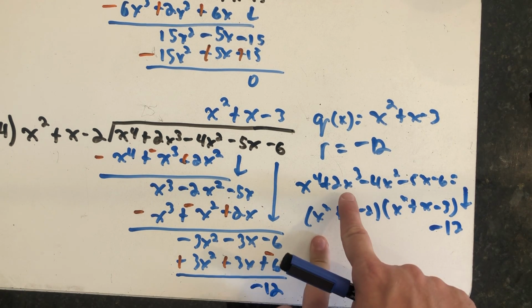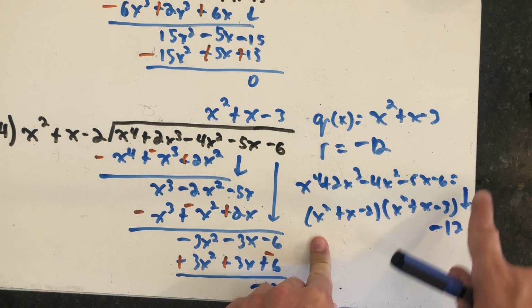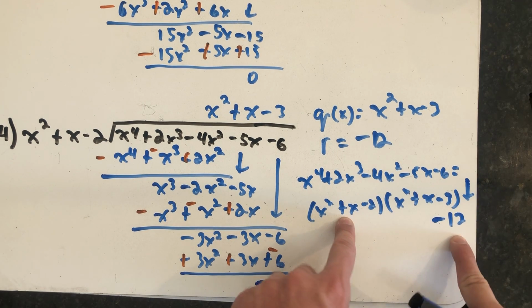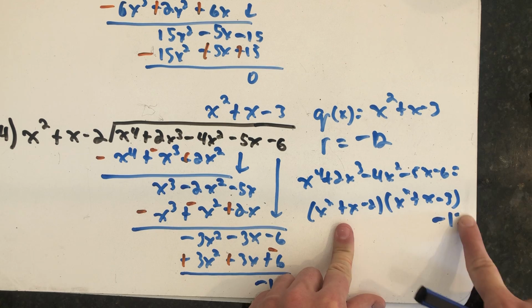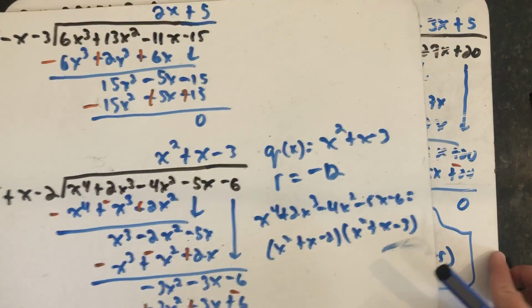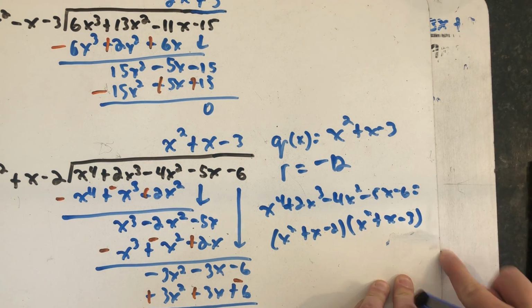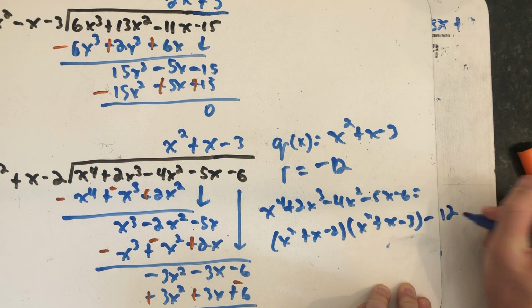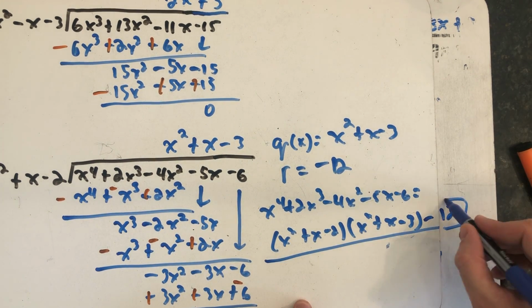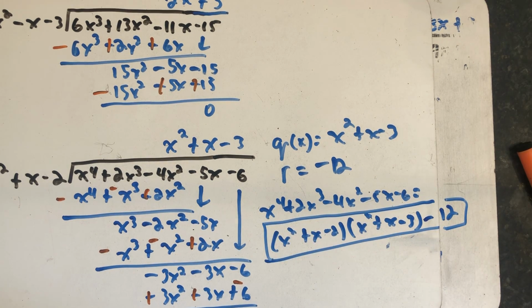X to the 4th plus 2x cubed minus 4x squared minus 5x minus 6 is equal to this product, but take away 12. Let's just see if I can make that look a little nicer by cheating and using the board below. Minus 12. There's that nice, happy polynomial function.